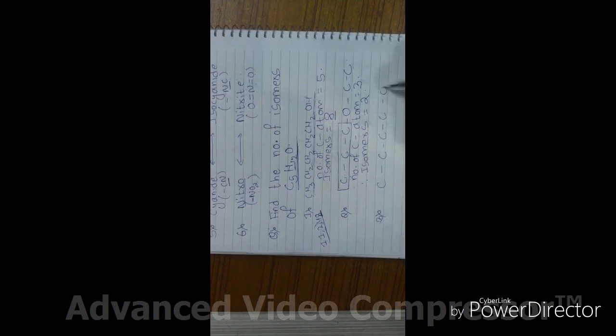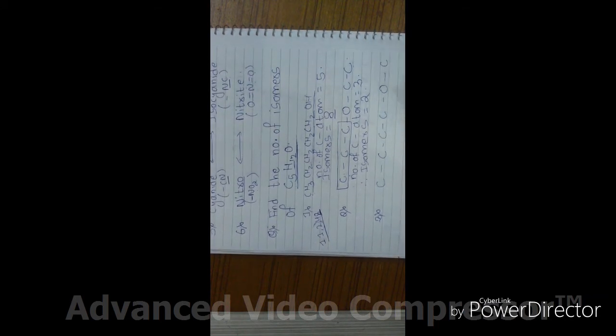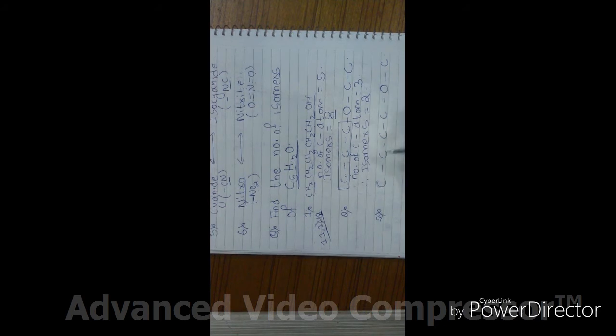Now we can write down this ether form in this form also. CCOC. This C represents the number of carbon atoms, C represents a carbon atom, and we have not written down the hydrogen because hydrogen is easily filled here. So we do not need the hydrogen atom.